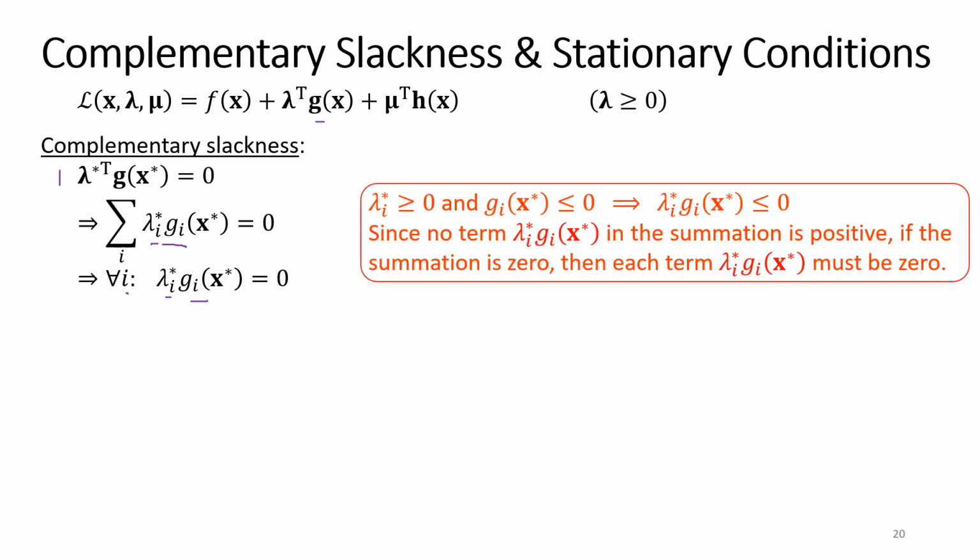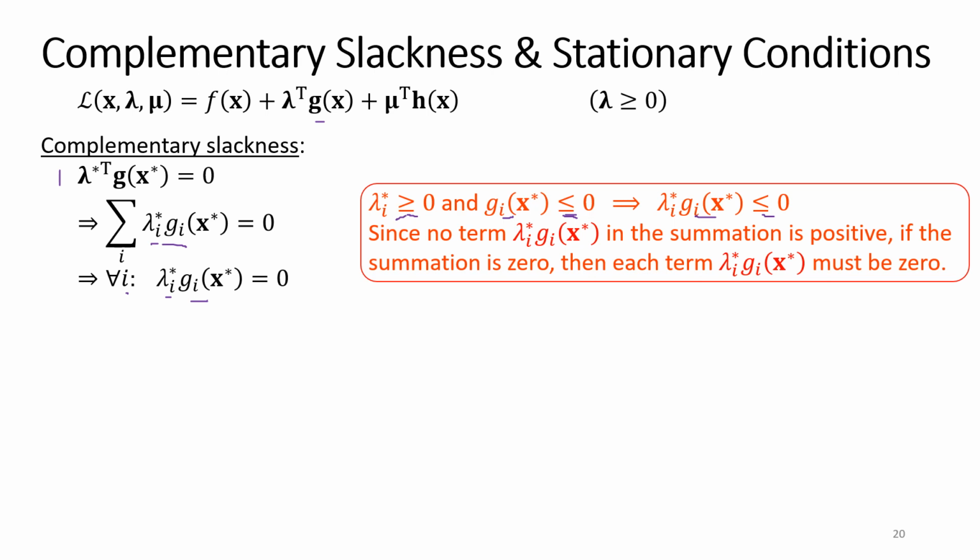Why is that? Now, we know from dual feasibility that the lambda i stars are greater than or equal to 0. And from primal feasibility, g i of x star are all less than or equal to 0. So lambda i star and g i of x star are of opposite signs. Therefore, their product, lambda i star g i of x star, must be less than or equal to 0.